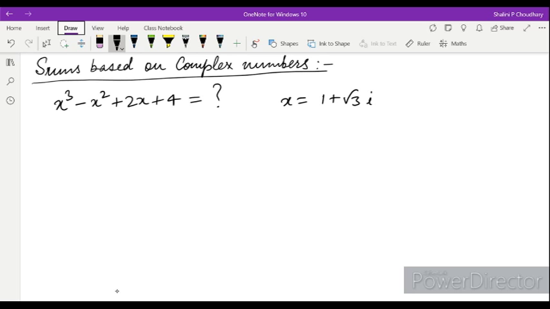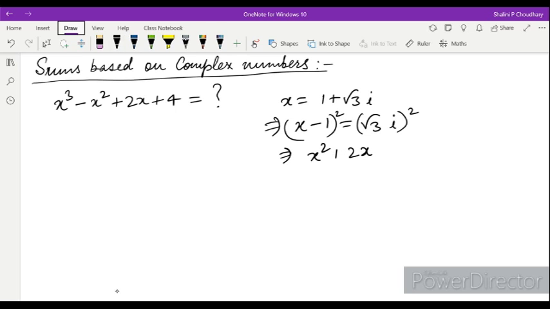If x is equal to 1 plus square root of 3 times i, then x minus 1 is equal to square root of 3 into i. Squaring both sides, what we'll get? We'll get x square minus 2x plus 1, that is equal to the square of root 3, which is 3, and the square of i, so 3i square.